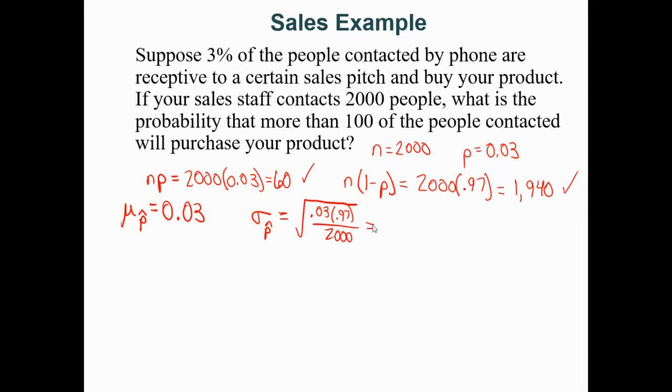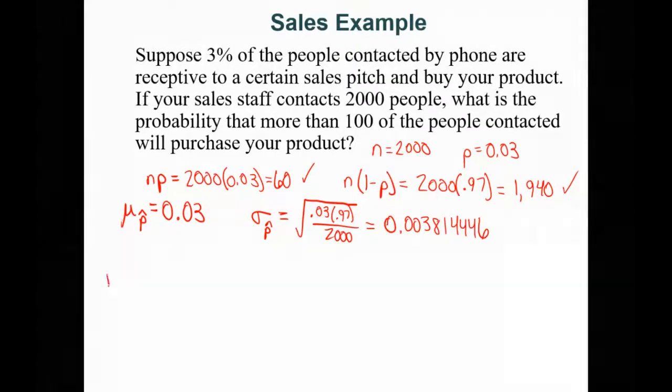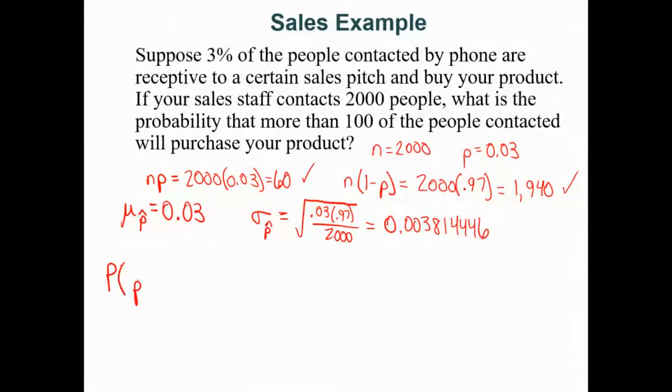I'm going to give this one to y'all because I want a bunch of decimal places here to be accurate. 0.003814446. Okay, so now I have to use this to find the probability. Probability is that p hat is greater than.